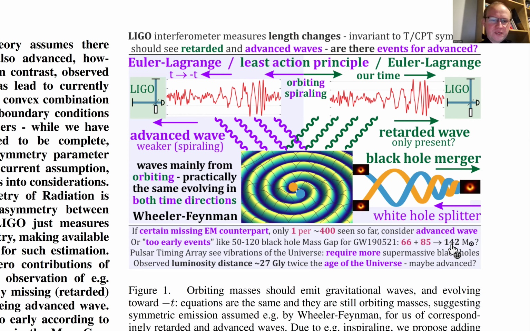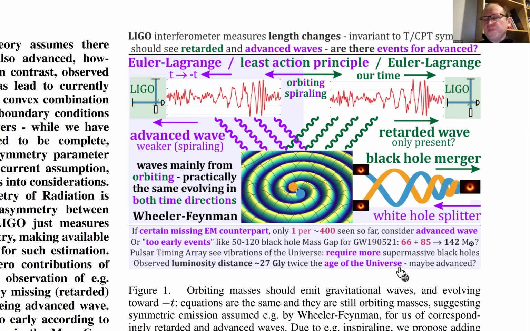Another type of argument is the so-called pulsar timing arrays. They call it vibrations of the universe, with extremely low frequencies that they say require orbiting supermassive black holes, but according to current knowledge, there are not enough of these supermassive black holes.